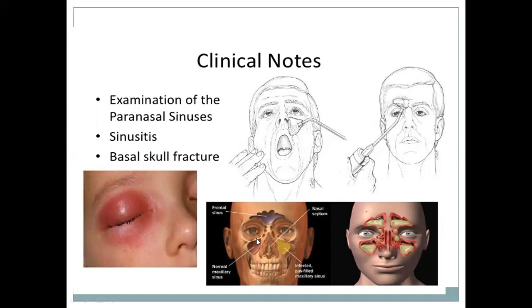And this is the empty maxillary sinus, and this is the filled maxillary sinus because its opening into the lateral wall of the nose is blocked, so it is filled with mucus and pus. If these sinuses become blocked, the area around them becomes painful.